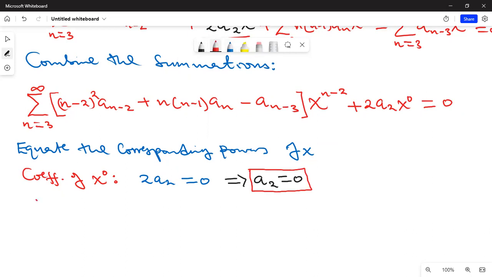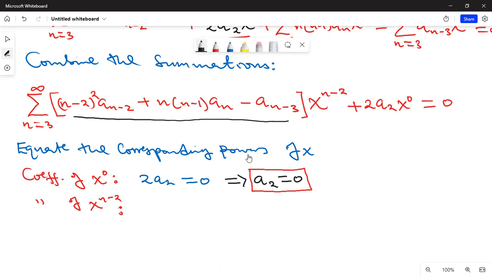What about the coefficients of x raised to n minus 2? It is the whole of this one that we need to equate to 0. Everything here, equate it to 0.